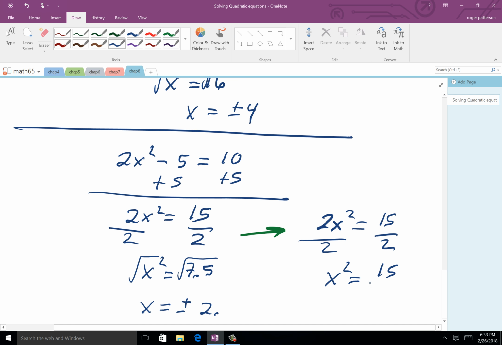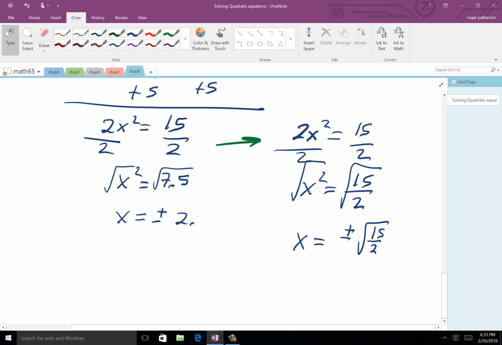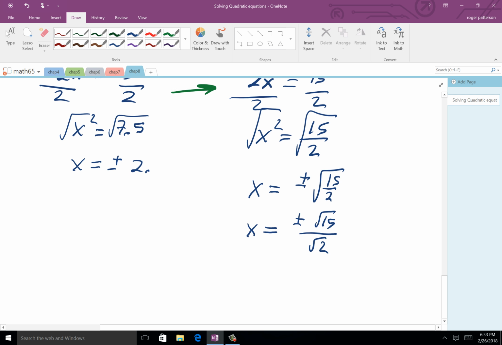If we need an exact answer, okay, then when we square root this, the plus or minus is going to come out on the outside, okay, and I get this thing on the inside, all right? Now, we know, right, that that is the same as this, and we also know, can we have a radical in the bottom of a fraction?